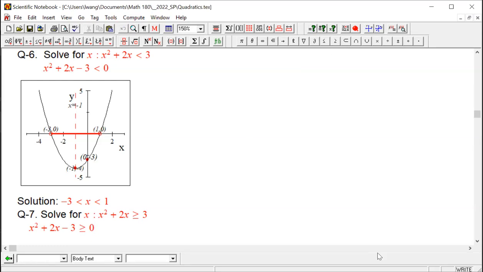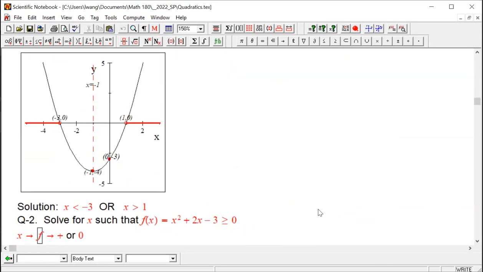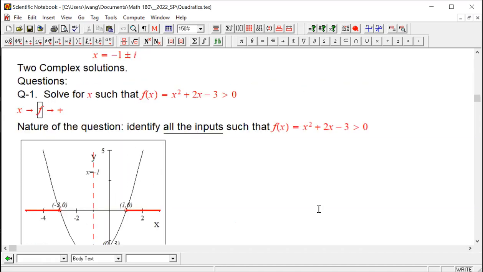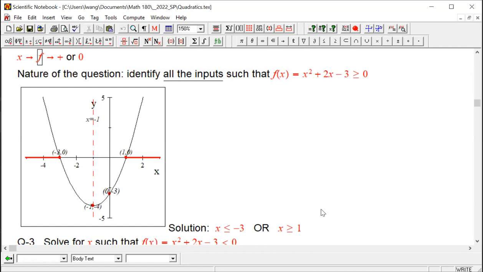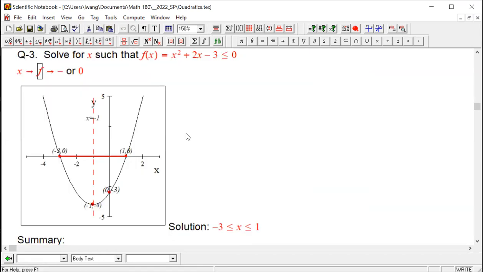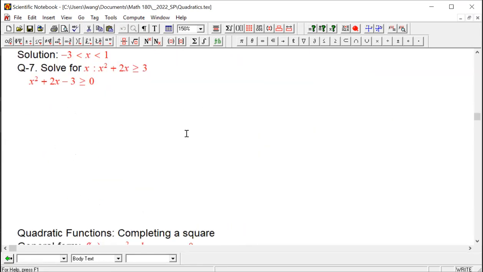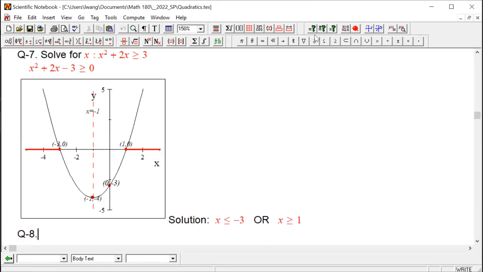What would be the solution? We have done it, haven't we? Greater than or equal to 0, which is right here. Same solution. You can see how it can be tweaked.